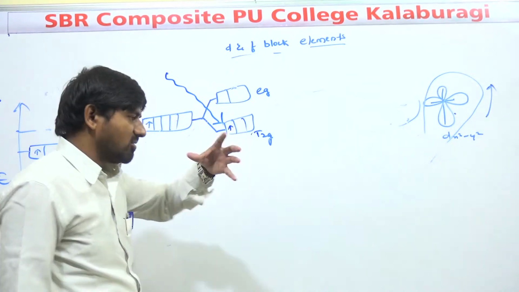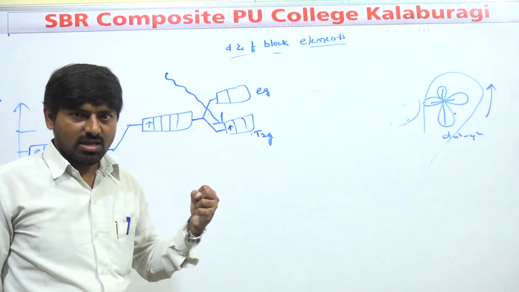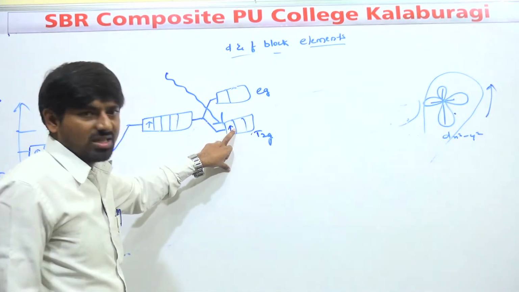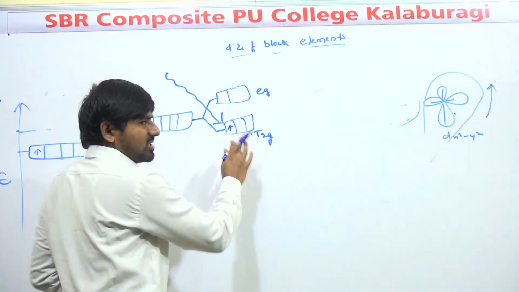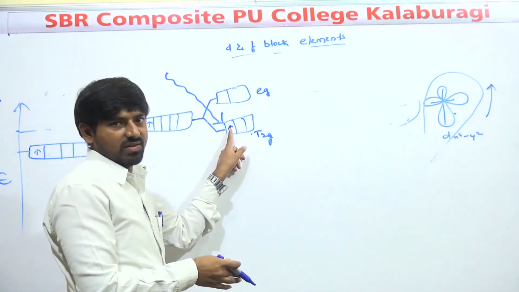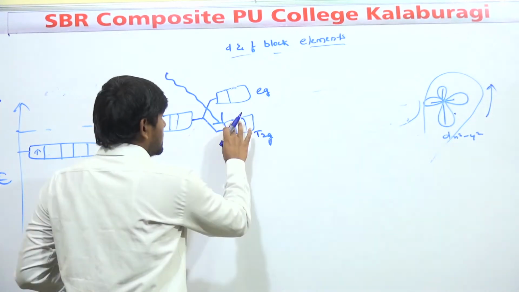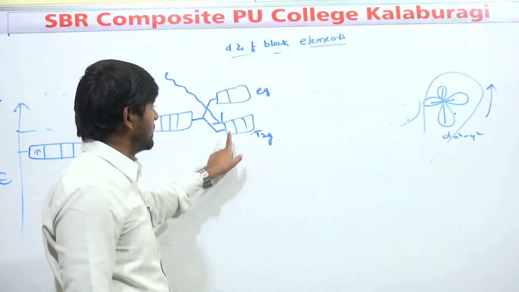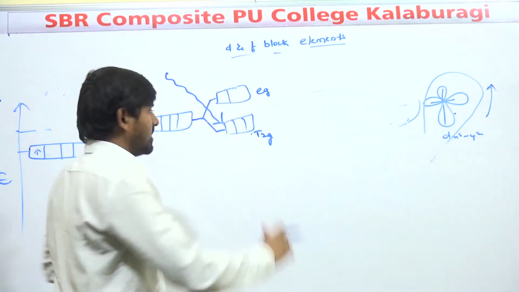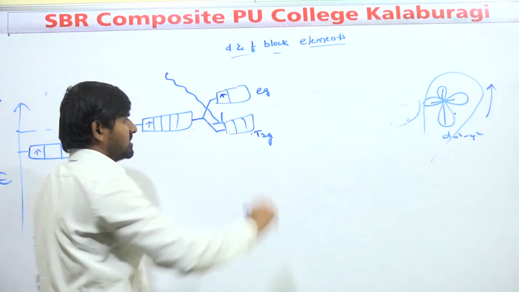Definitely this electron will absorb energy. When it absorbs energy, its energy increases. Right? When energy increases, we all know well, it will not reside here. It will start to jump like a monkey from one tree to another tree. It will jump from one orbital to another orbital. Consider it went to this.